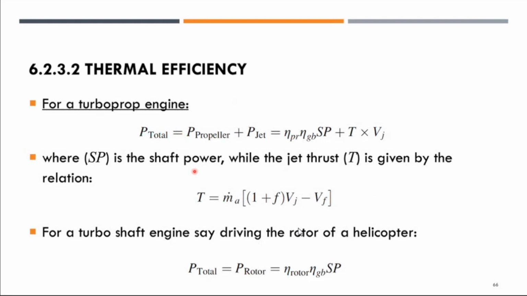For a turboprop engine, P total equals the propeller power plus the propeller jet power, which is equal to this expression, where SP is the shaft power, T is the thrust, and Vj is the jet velocity. For a turboshaft engine, say driving the rotor of a helicopter, the total power equals the rotor power, which is expressed as this component.